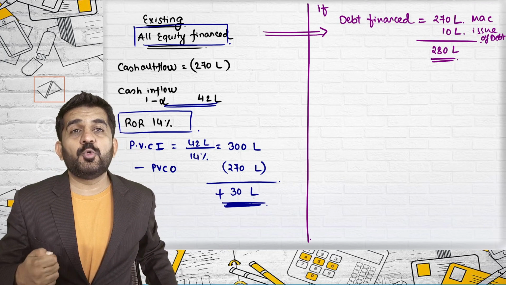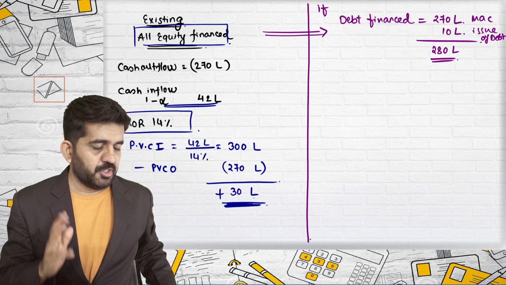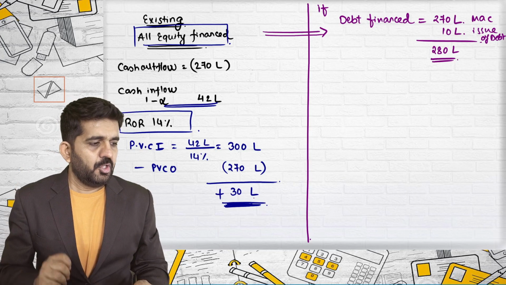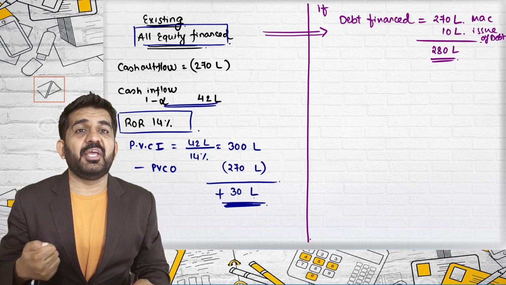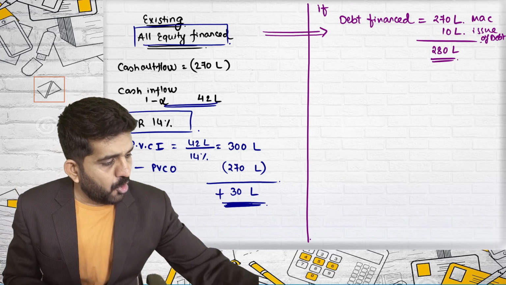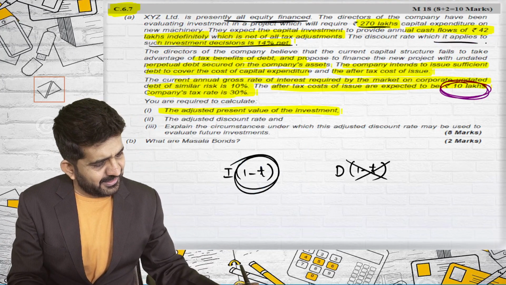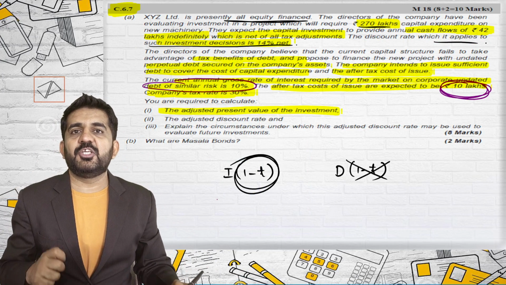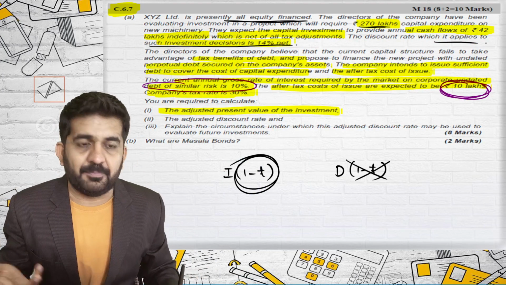What will happen to your cash inflow? Try to concentrate. Every year, you will be paying interest of how much? If you borrow 280 lakhs at the rate of 10%, you are issuing the debentures at the rate of 10%.